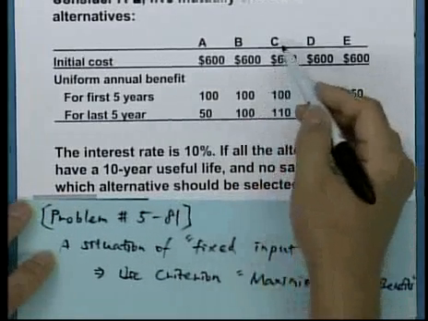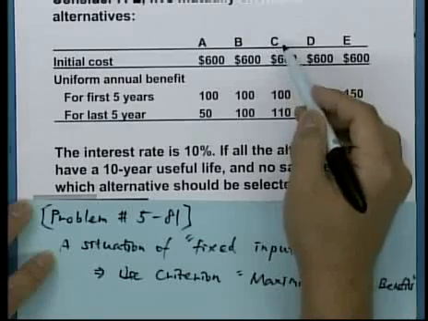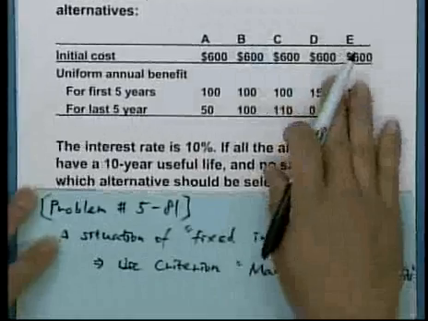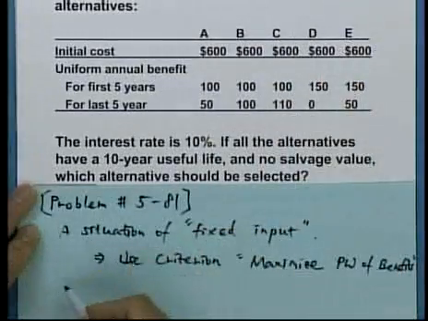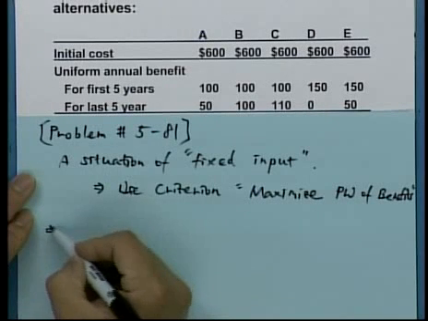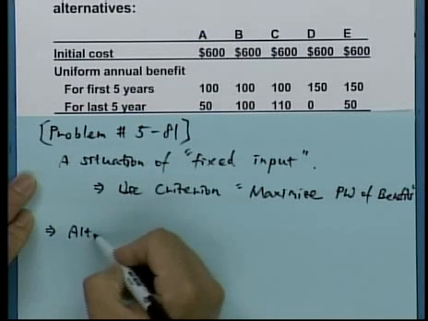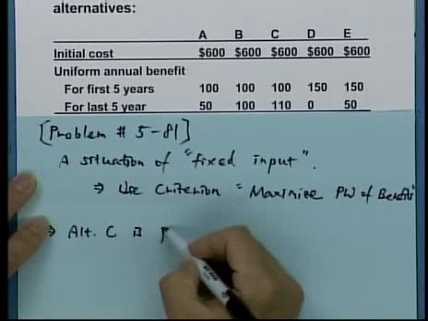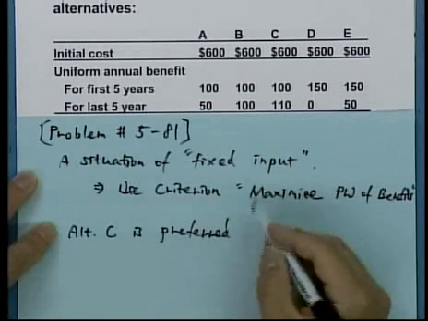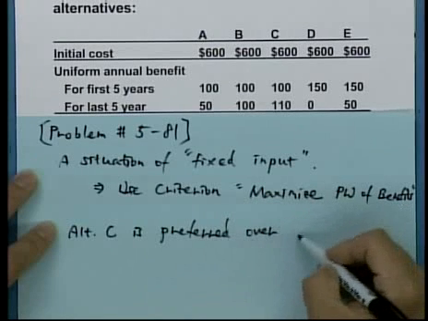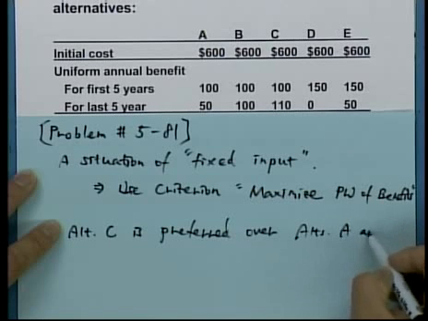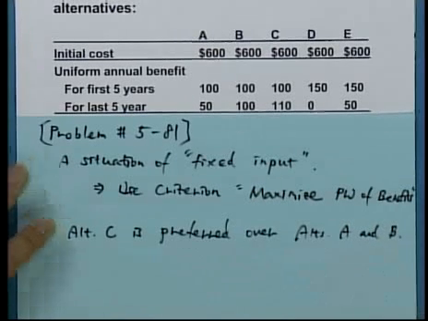So obviously, alternative C is preferred over alternatives A and B.